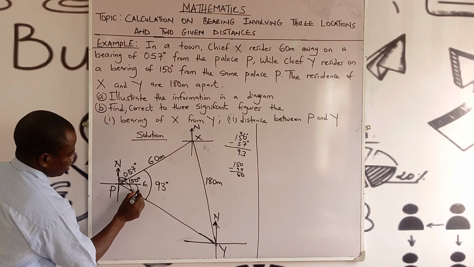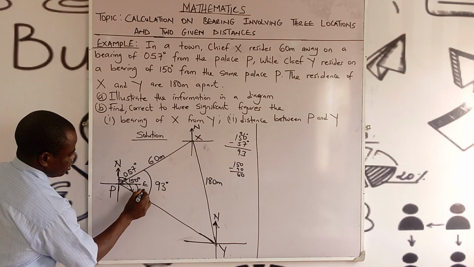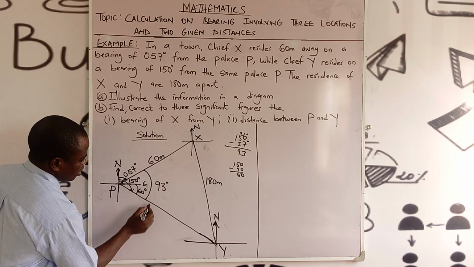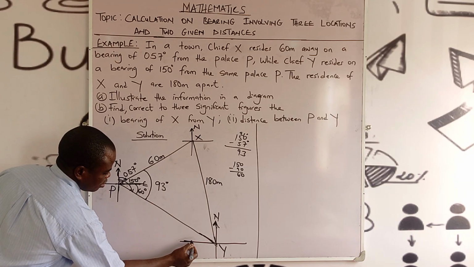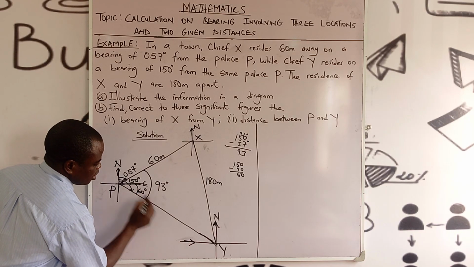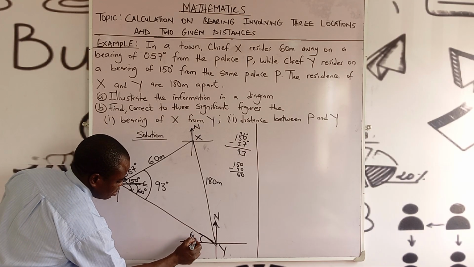That's 60 degrees. This is an alternate angle, because this line is parallel to this line. So this alternate angle is 60 degrees.